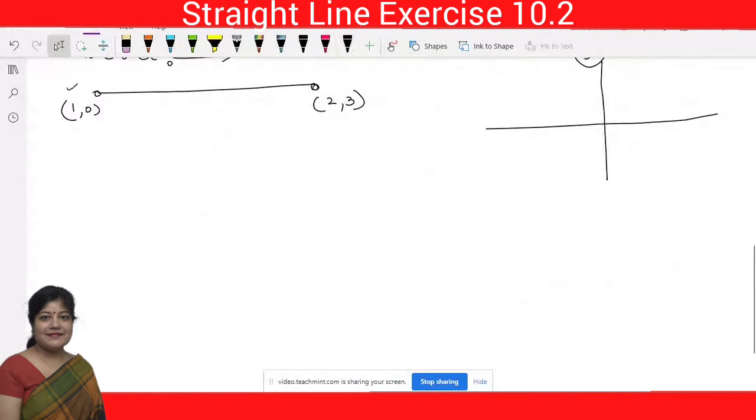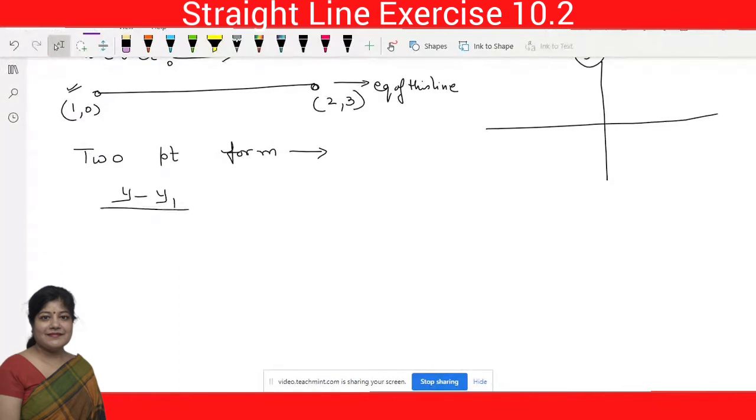Can you find the equation of this line? We have the equation in two point form, I told you earlier. See that formula and tell me right now. In the examination, if you do not study this straight line, it becomes tough. Ma'am, (y minus y1) by (y2 minus y1) is equal to (x minus x1) by (x2 minus x1).